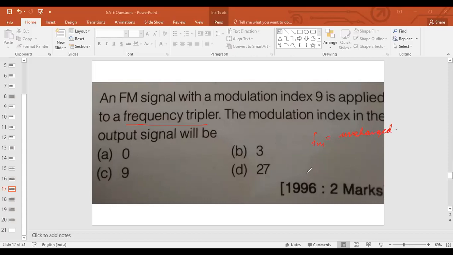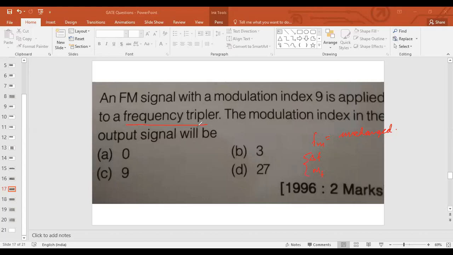It remains unchanged, but the other things, that is delta f, the deviation, as well as the modulation index mf, these parameters get changed.